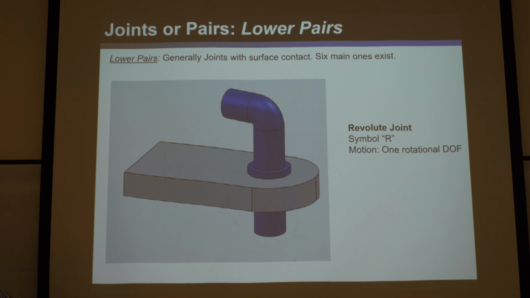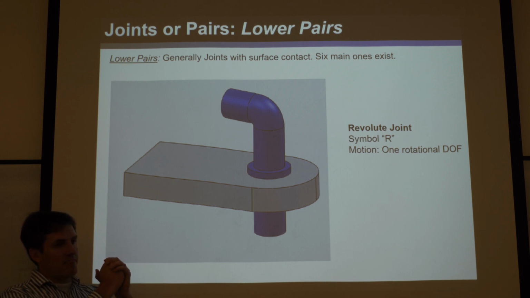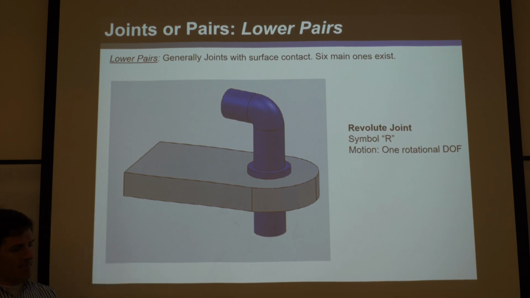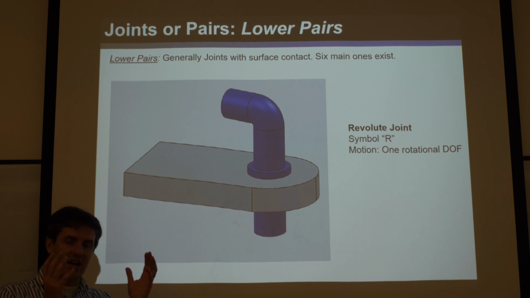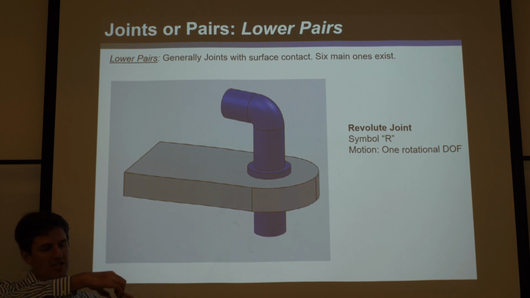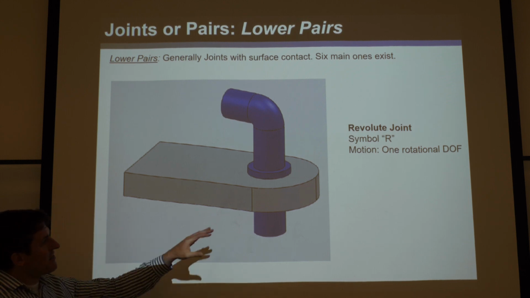What defines a lower pair is whether the two links that it pairs move with surface contact. It's a little difficult to explain without showing, but higher pairs, for instance, would be a ball on a flat surface. It only touches at a point. That's not technically a surface. Or two cylinders, they only touch at a line. That's not a surface. You need to have a surface area.